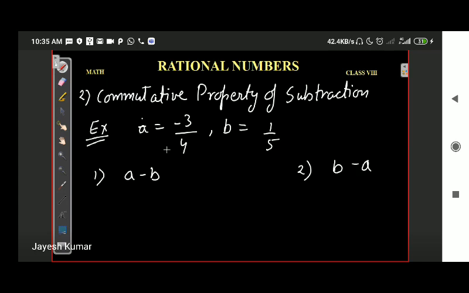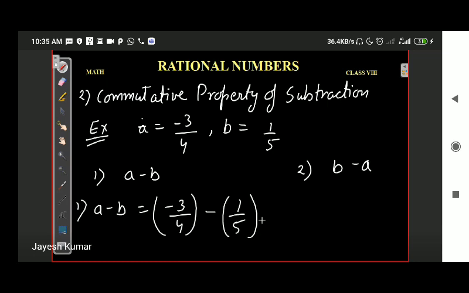So first of all, A minus B. A minus B will be minus 3 upon 4 minus 1 upon 5. This is how we will deduce A minus B. As you already know that the denominators are not the same, so you will find a suitable number to make them the same. LCM of 4 and 5 is going to be 20. So I am writing it down directly.